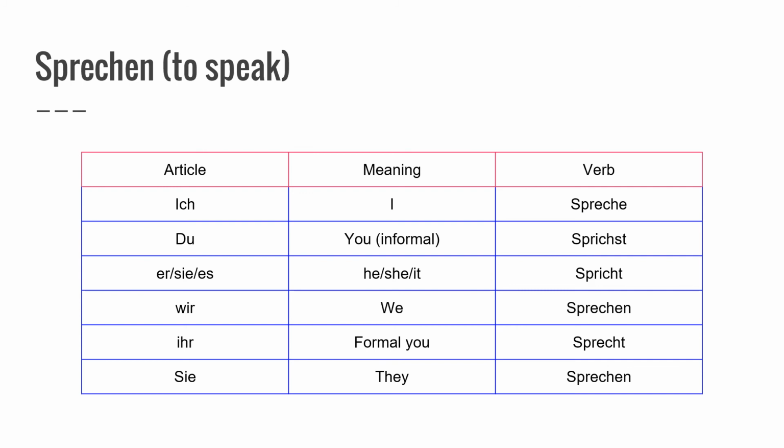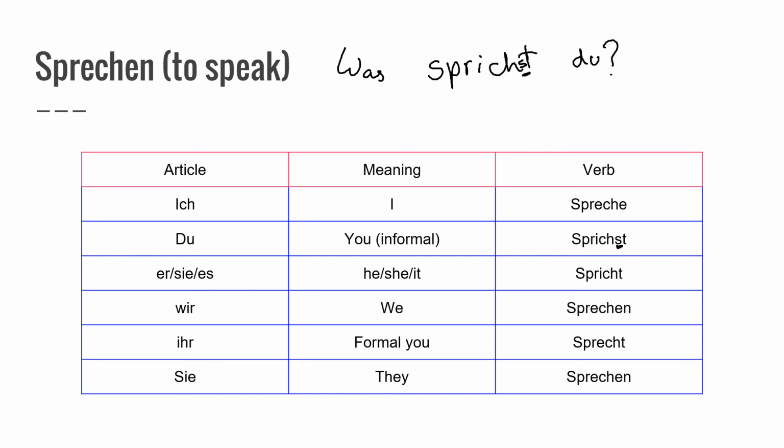My example is: Was sprichst. Now, you might have figured out the mistake. If not, then yes, the du is missing in this. Sprichst, which means what do you speak? It's basically asking which language do you speak.